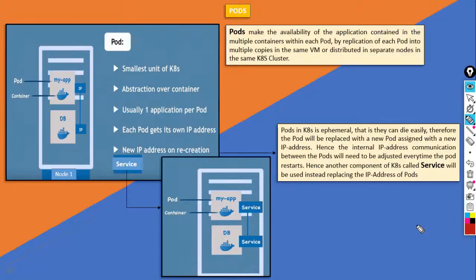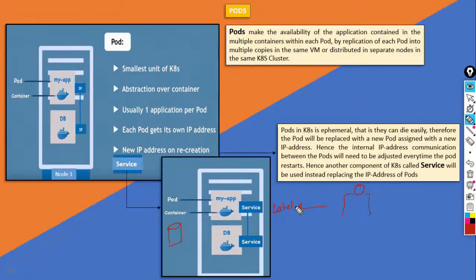And a service can be labeled. So you go by the service name to connect to the pod. Externally, you just access the label of the service. You do not need to know the IP address. This label of the service will take you to the particular pod or replicas of the pod which is associated with this service.